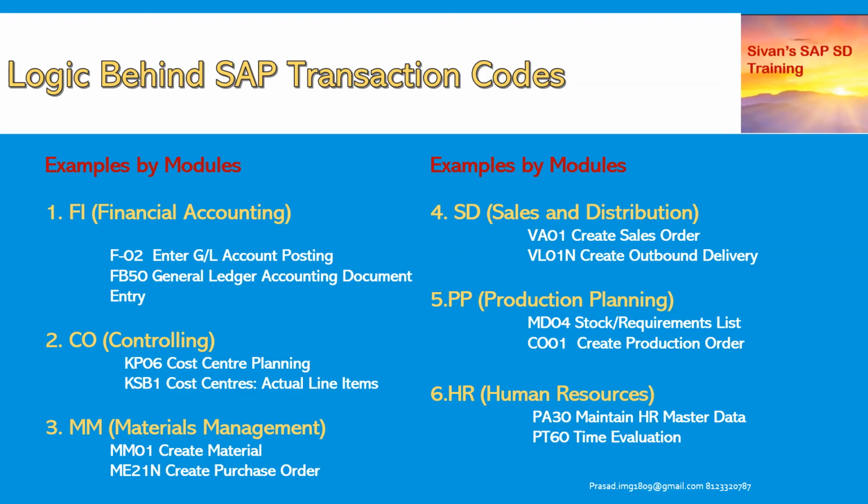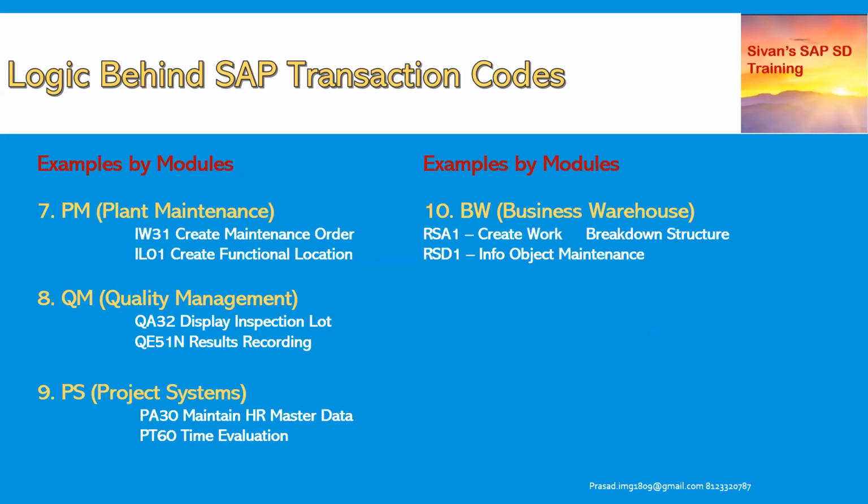SD, which is our module, sales and distribution: VA01 to create a sales order, VL01N to create an outbound delivery, VF01 to create the billing document. PP, production planning: MD04 and CO01. HR, human resources: PA30 and PT60. PM, plant maintenance. QM, quality management. Other modules like PS, project systems, and business warehouse.